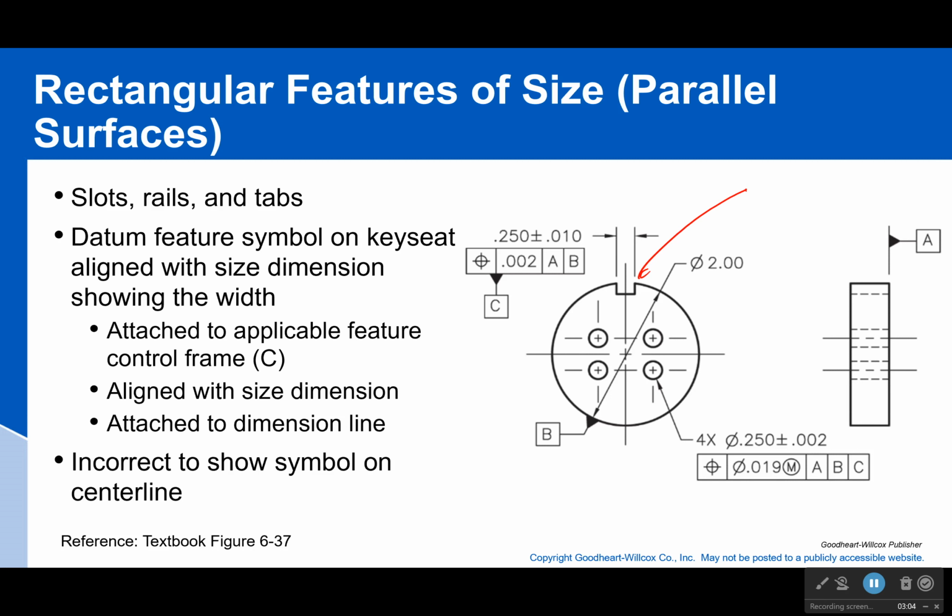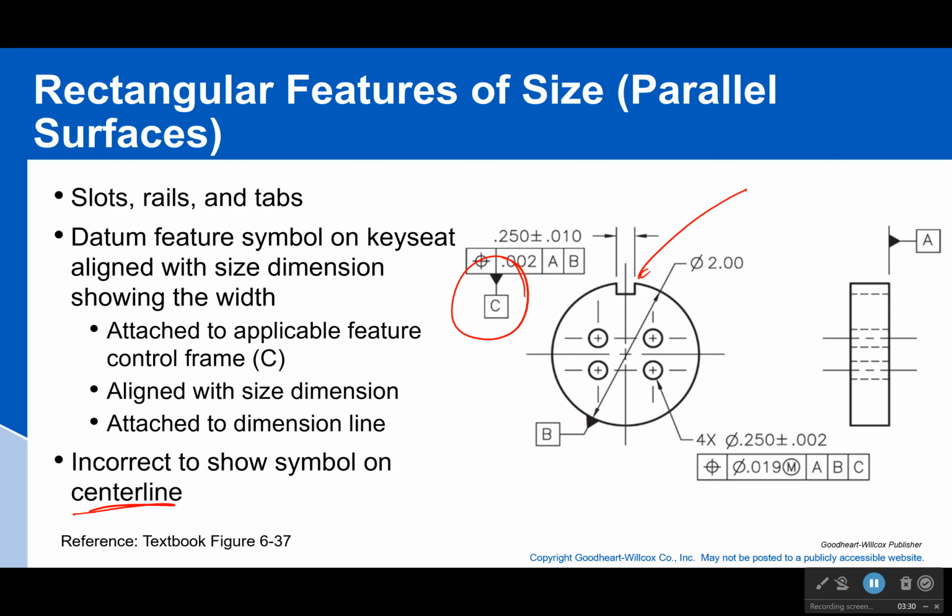Well, normally, you can have it aligned with the size dimension. It can also be attached to an applicable feature control frame like you see right here. It can also be attached to the dimension line. But it is incorrect to show it on the center line. Okay, it's incorrect to show it on the center line. So be careful with that.